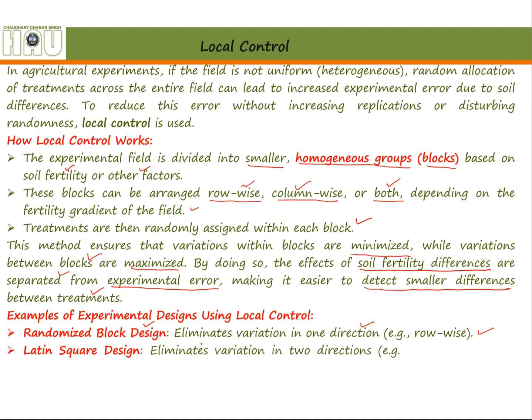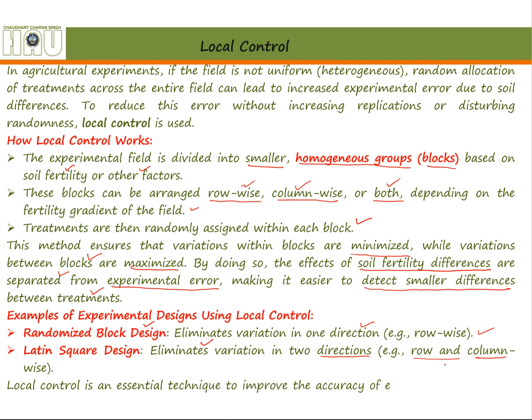The Latin square design eliminates variation in two directions, row wise and column wise. And local control is an essential technique or tool to improve the accuracy of experiments conducted in a heterogeneous field or in field conditions.